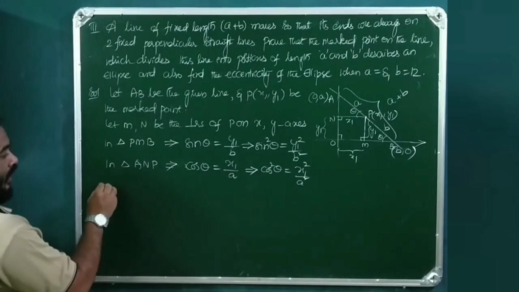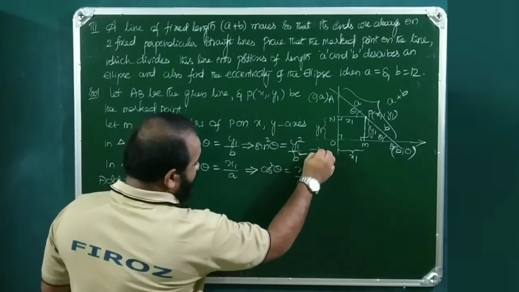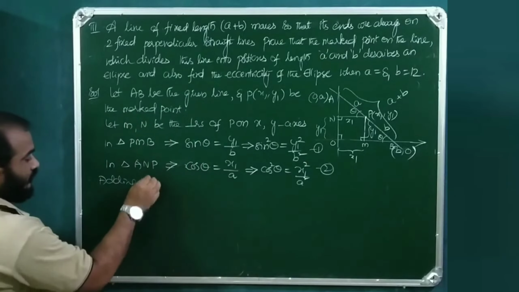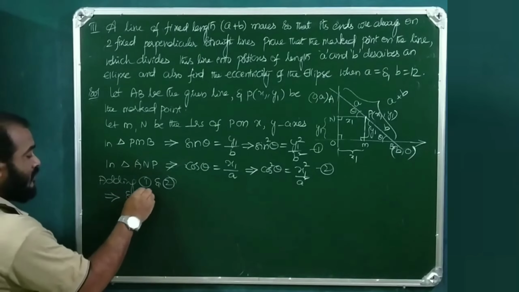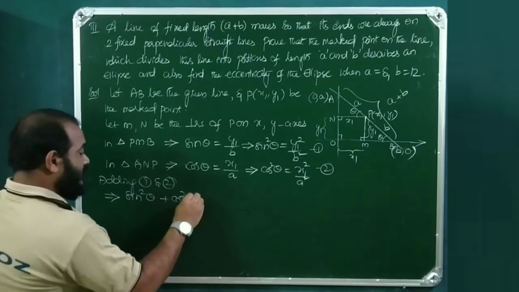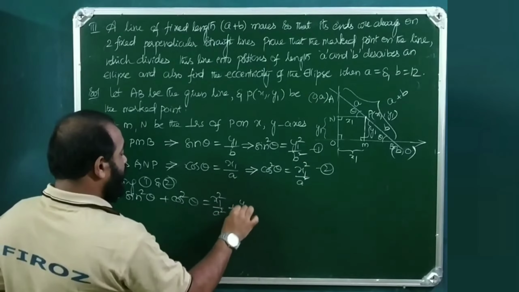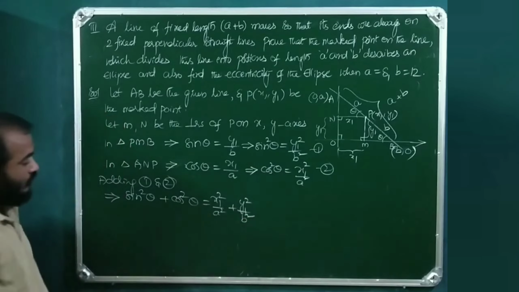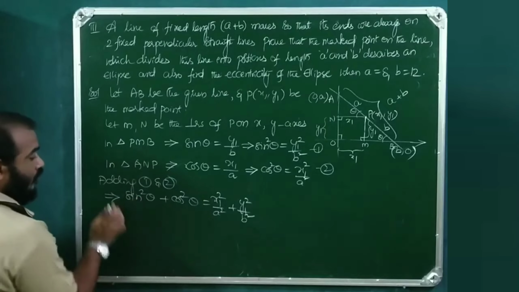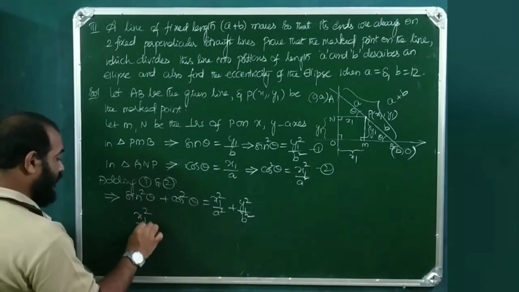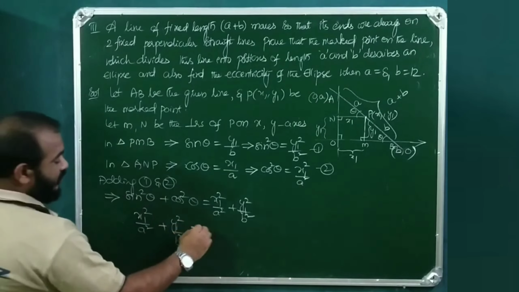So adding 1 and 2, that means sin square theta plus cos square theta is equal to x1 square by a square plus y1 square by b square. So sin square theta plus cos square theta is 1. Therefore x1 square by a square plus y1 square by b square is equal to 1.